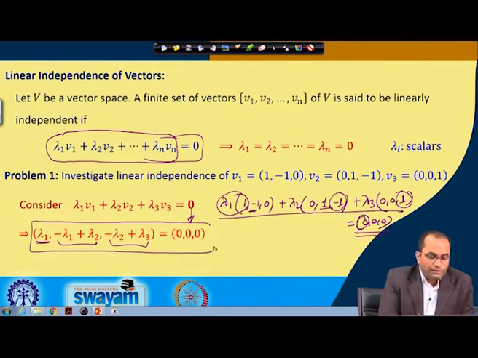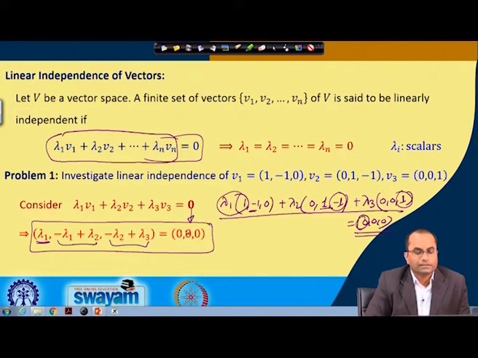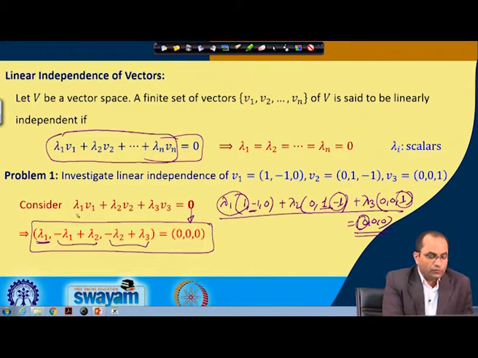And now from here we actually get 3 equations, and after solving these equations we will see whether we are getting a unique solution in terms of lambda, and the unique solution will naturally be 0, 0, 0, because that is always the case when we have such a system with lambda 1 v 1 plus lambda 2 v 2 plus lambda 3 v 3 equal to 0.